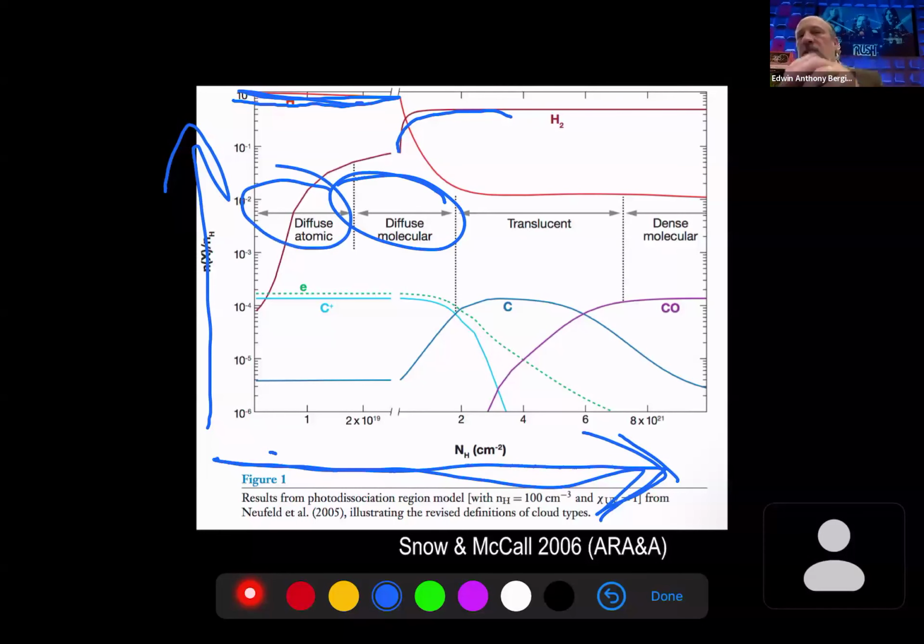This would be a diffuse atomic cloud. And then this is called translucent. Not going to worry about that. The carbon would be doing this. Most of the carbon in the galaxy is in ionized form. Why is that? Well, UV radiation keeps molecules from forming.